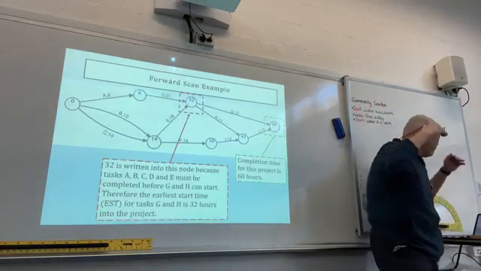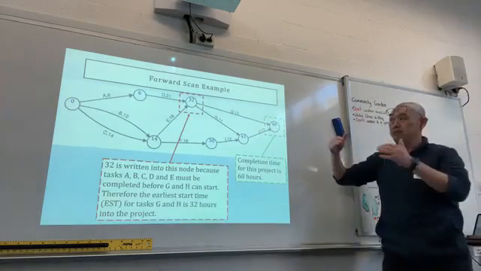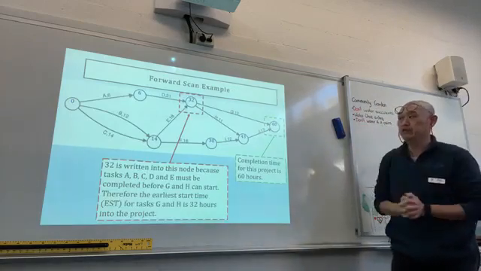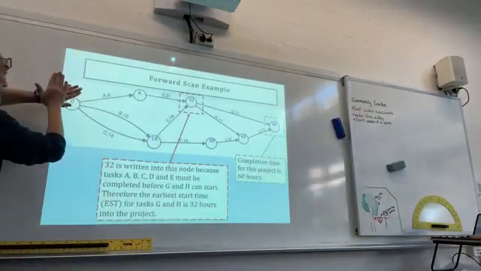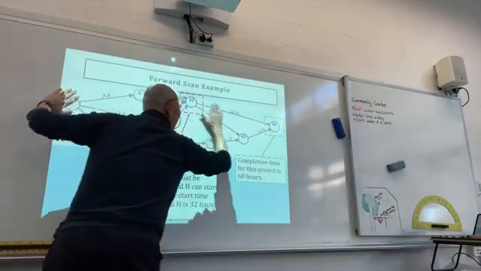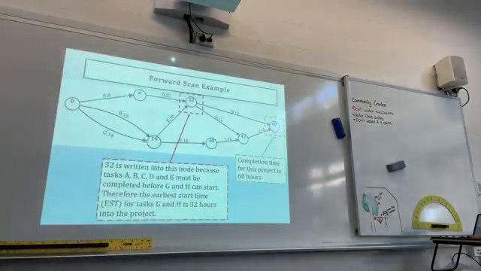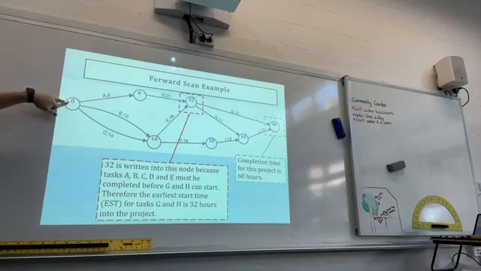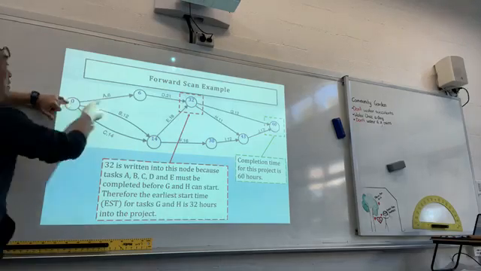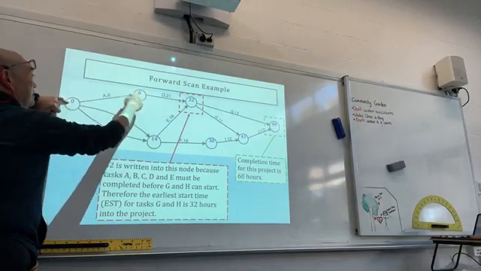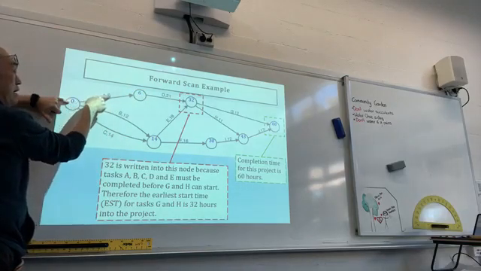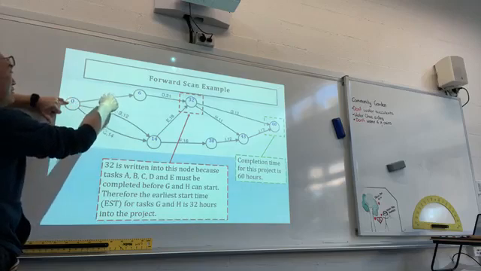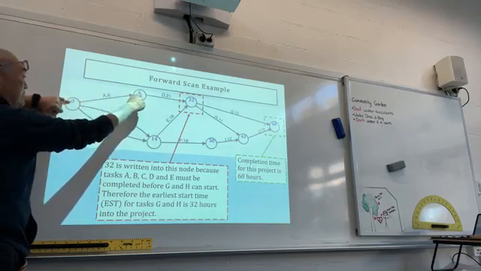Just quickly look at the forward scan process again. Same network that I showed you. So I start off with the start. Normally you start from the left and work through to the right. That is the end. Now, start is always 0. From here, going to the next node, you see that project A must happen, and this could be 6 hours or 6 days. So you write down the 6 there.